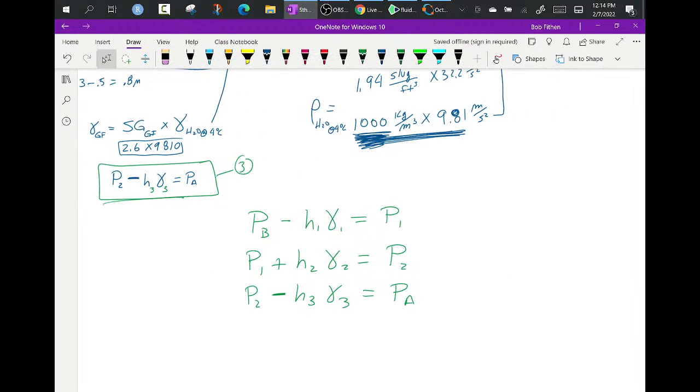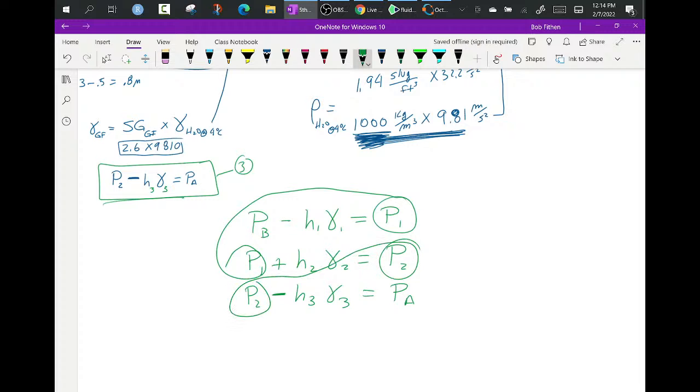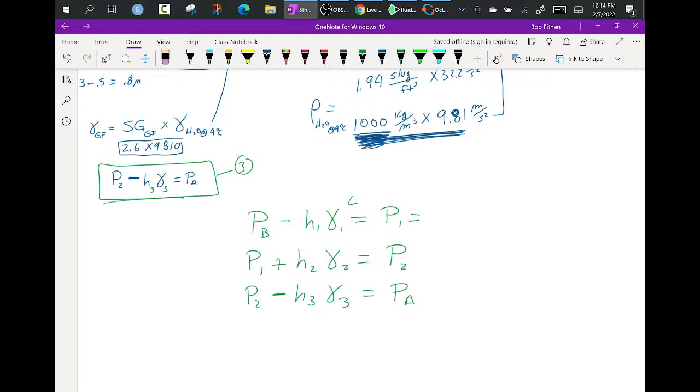Now, if you look at those 3 equations, you're sitting there looking at them and you say, hey, I got a P1 there, P1 here, I got a P2 here, and I got a P2 there. The way I generally resolve that is I move that to the left side. If you do that, it becomes this. Now move this one to the left side. If you do that, it becomes this, and now add them up.